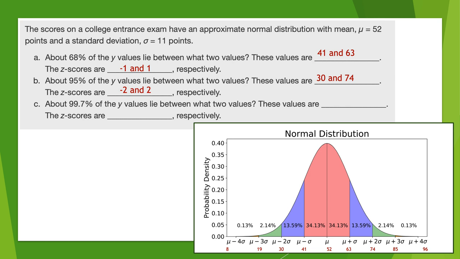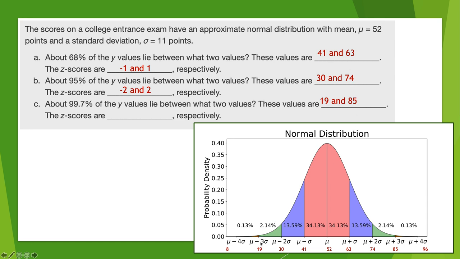About 99.7% of the y values lie between what 2 x values? Well, 99.7 is 3 standard deviations below and 3 standard deviations above. So 3 standard deviations below is 19 and above is 85. And you can see the pattern. 41, 30, 19, you're going down by 11s. 63, 74, 85, you're going up by 11s.